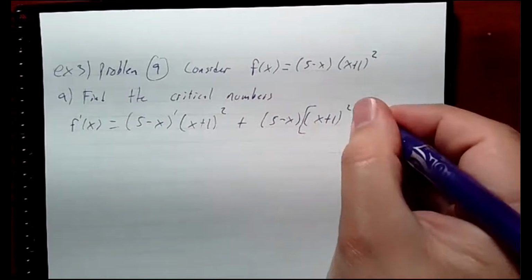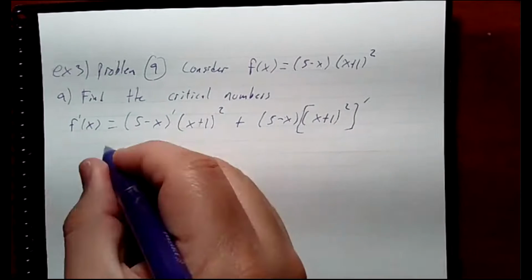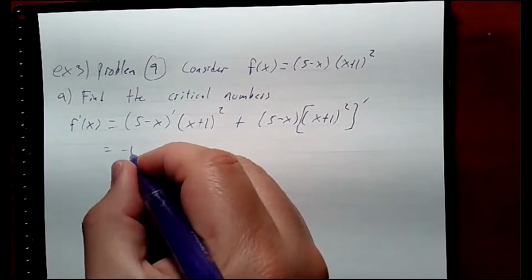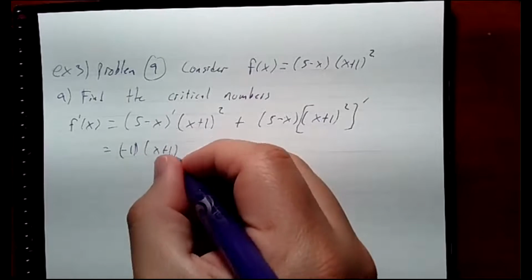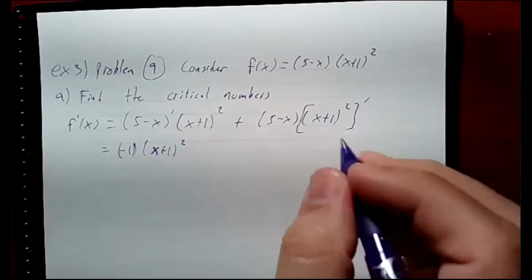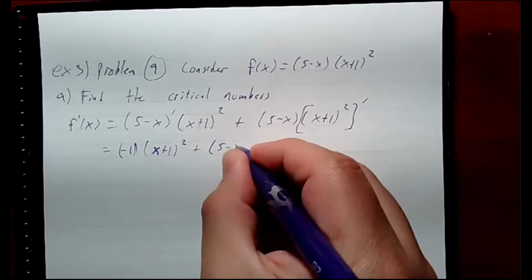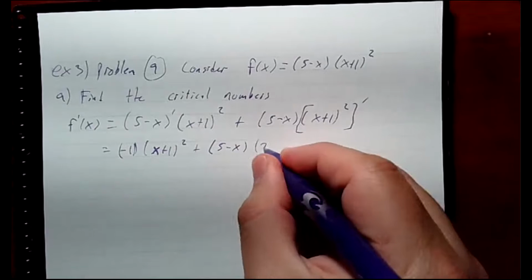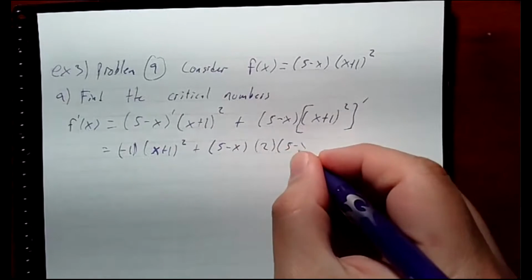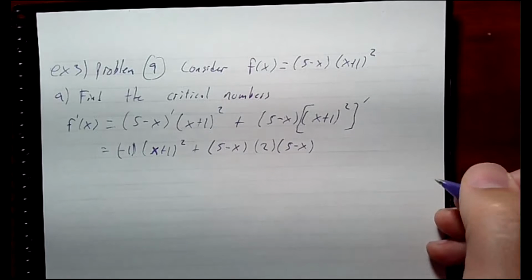Let's put a bracket on it. So that'll be -1 times x plus 1 squared, plus 5 minus x times 2 times x plus 1. Yep, that looks good, right?